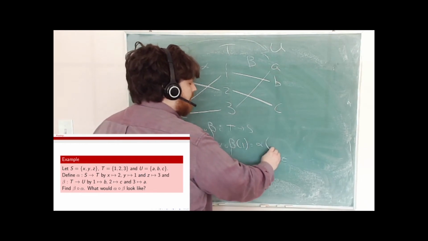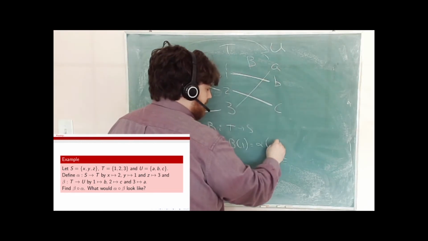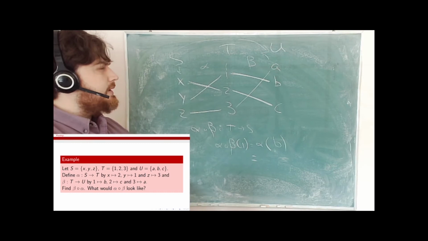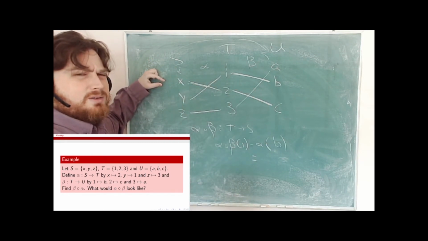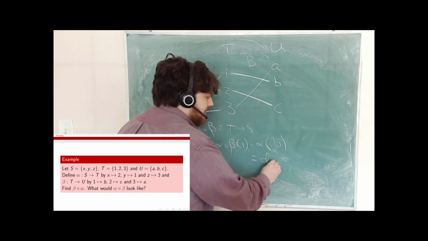Well, beta of 1 is B. But now what that means is, what is alpha of B? Well, if I look at alpha, is B in the domain? No, it is not. So this does not exist.